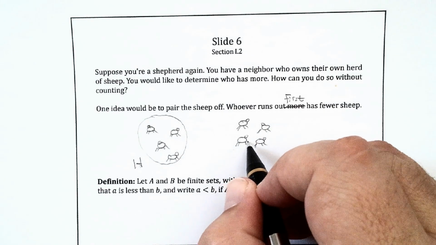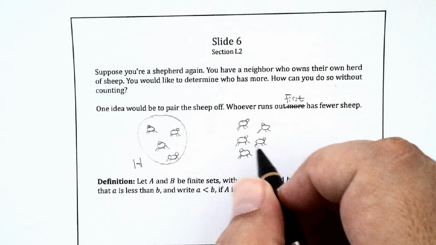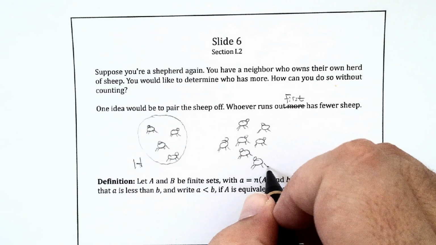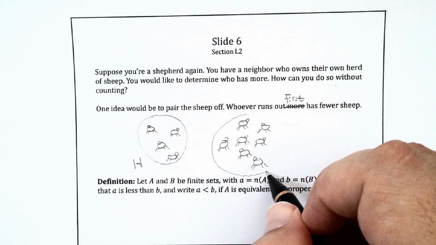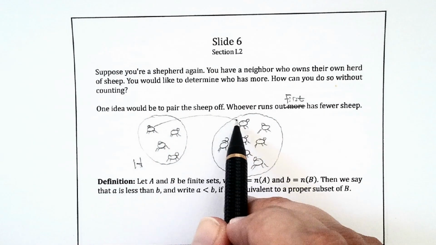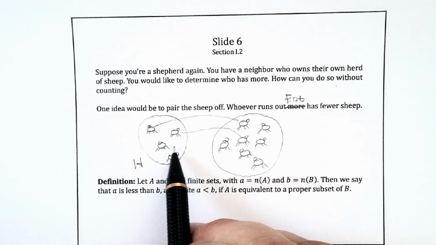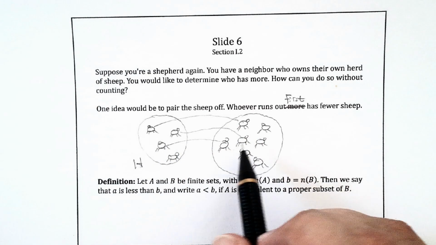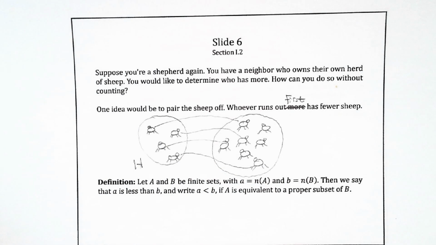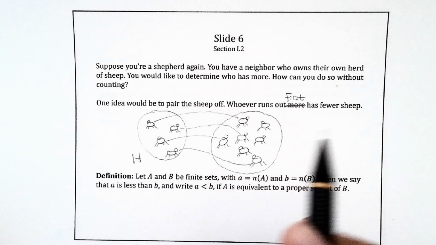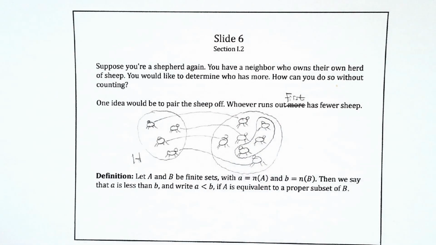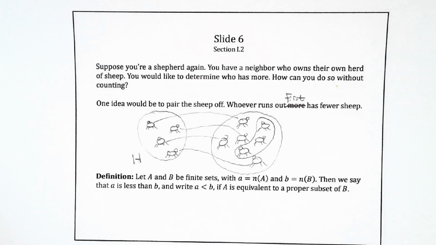Although, again, I'm not able to count them per se. Okay, and so we try to pair them off. These pair off, and these two, and these two. Okay, but you see, he ran out before I did. I still have 3 that are left over. And that means that I have more.